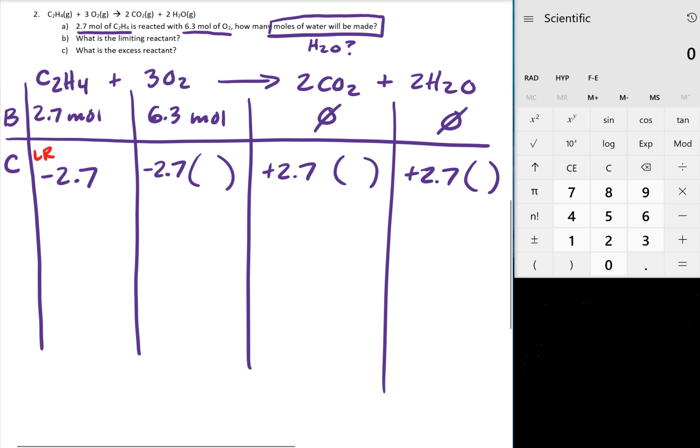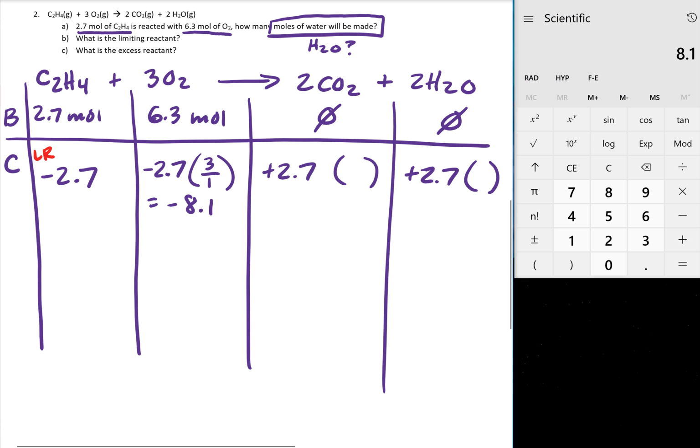Now for the fraction, that mole ratio, oxygen, its coefficient is 3, and C2H4, its coefficient is 1. So that mole ratio becomes 3 over 1. So real quickly, I'm going to calculate 2.7 times 3, and I get 8.1.